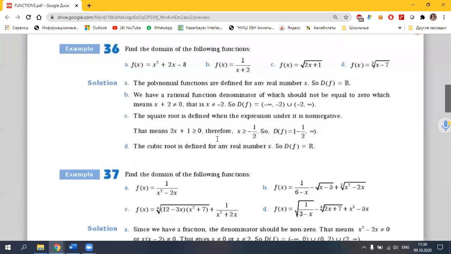Осы теңсіздікті шешкенде, when we simplify this inequality, we get x is greater than or equal negative 1 over 2. Сондықтан анықталуы болса negative 1 over 2 to infinity.